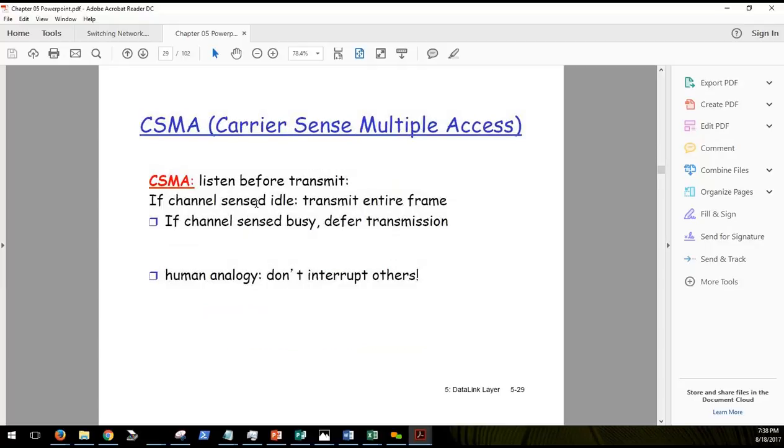Okay, so here is CSMA, Carrier Sense Multiple Access. Can you tell me what major protocol out there uses CSMA? You use it in your house.